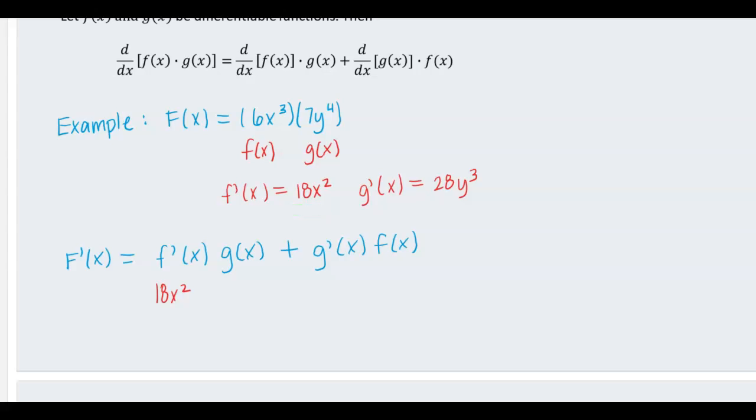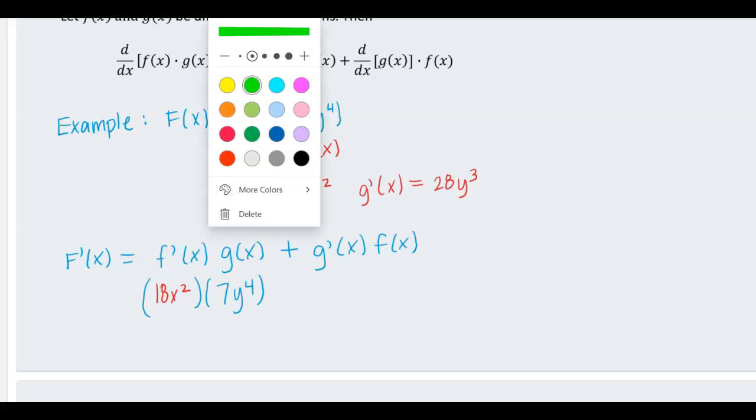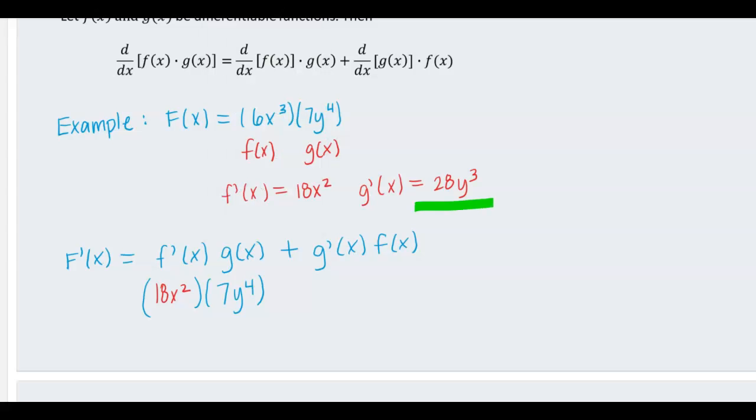And then the original function, g of x, was 7y to the fourth. That was from here. Then the derivative of g, that's here, 28y cubed. And then the original function f was 6x cubed.